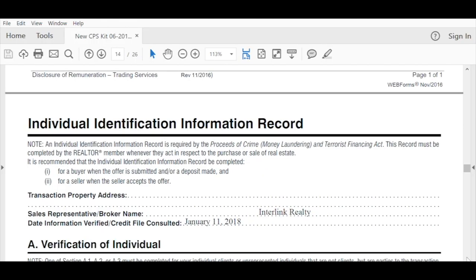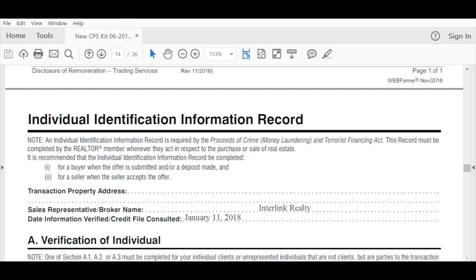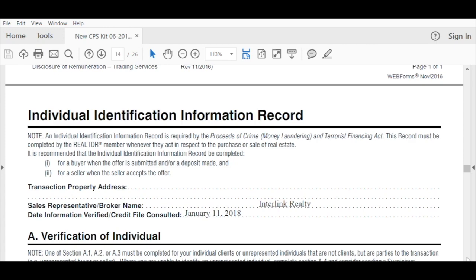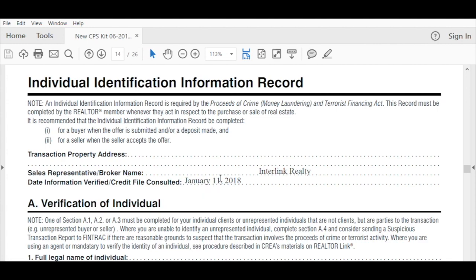After you fill in the disclosure form for remuneration, the next one, if possible, you have to collect the personal identification of your clients. If they choose to be unrepresented, then you can skip this information record.